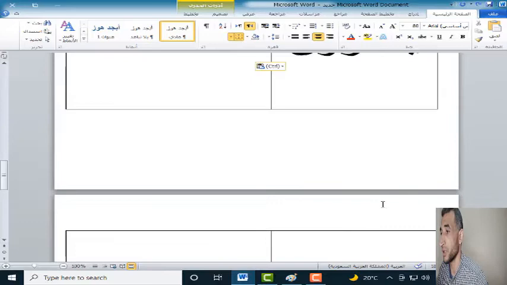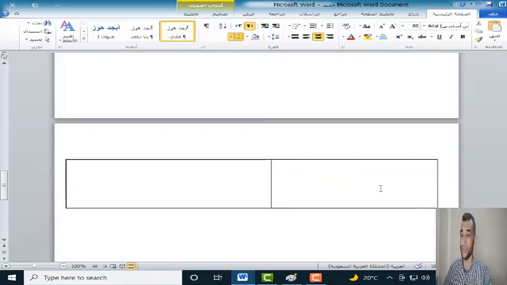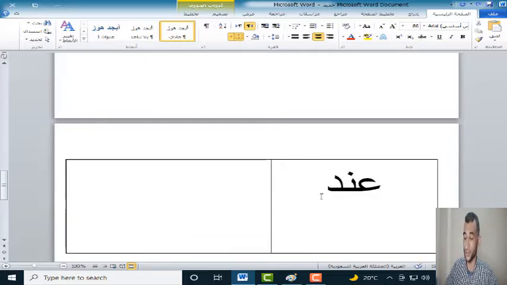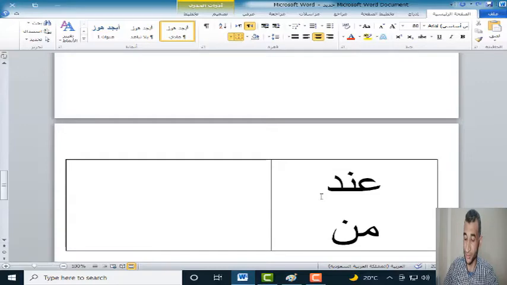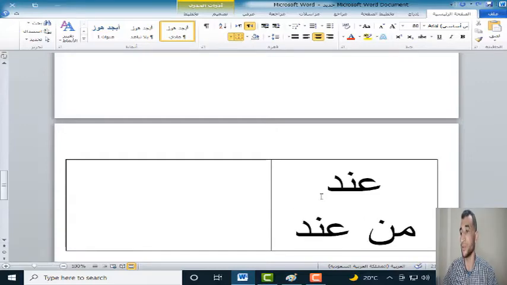For example, when I talk about the consonant nun, sometimes you can find the consonant nun in the same word, like عند. Or sometimes you can find the consonant nun between two words, like min عندي.